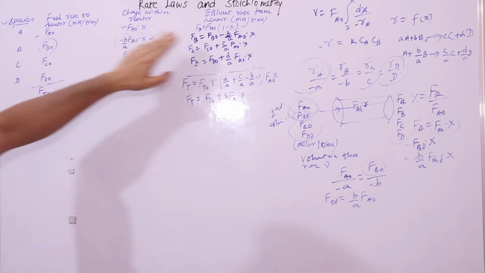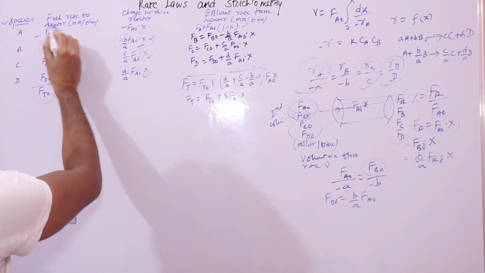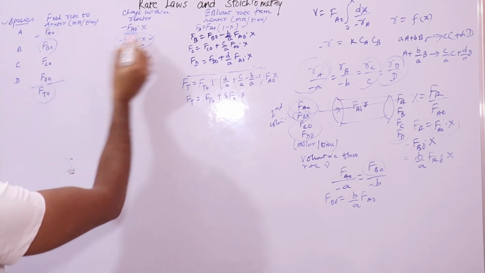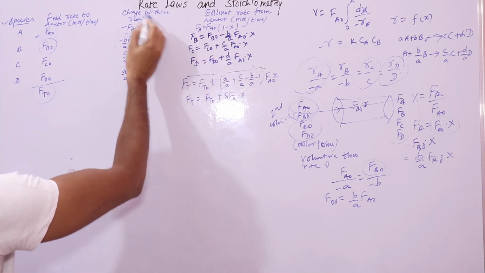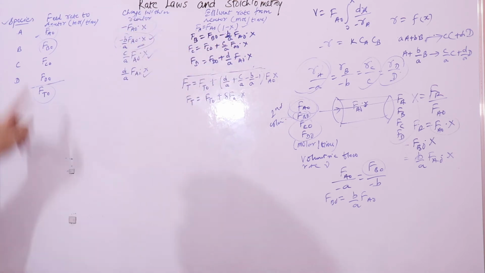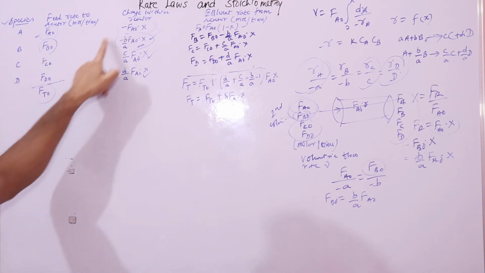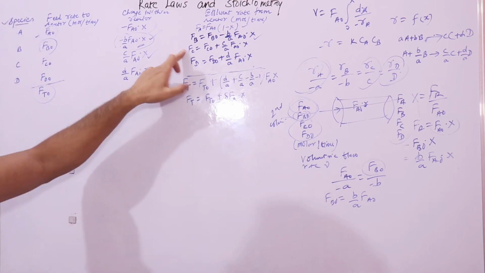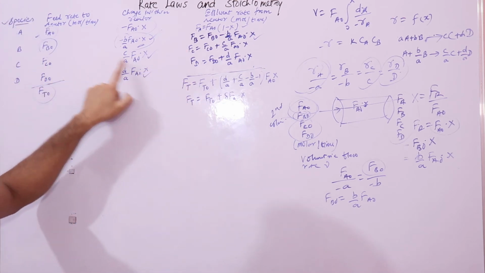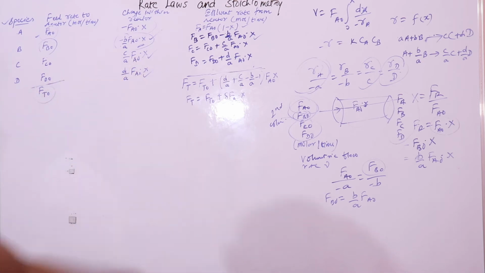So how much has remained, that is what is coming out, is the total you have fed minus what has reacted. So FA equals FA0 minus FA0x. Similarly for B, FB0 minus this. This is what we have defined. Similarly FC0 minus this. Similarly FD is FD0 minus what has reacted.